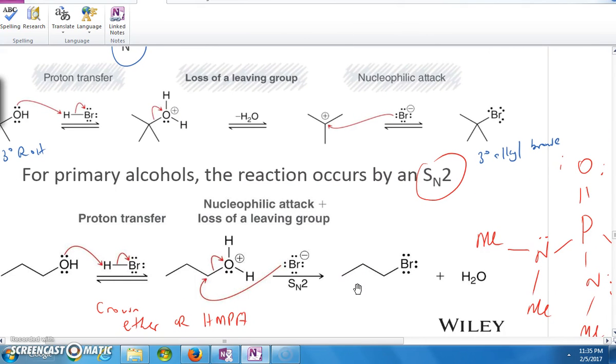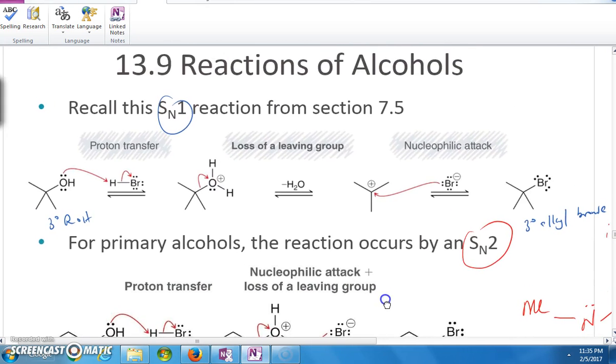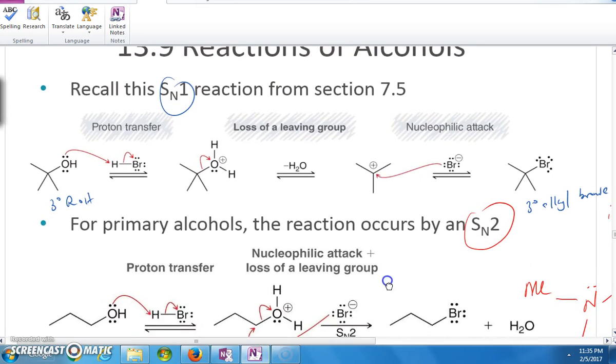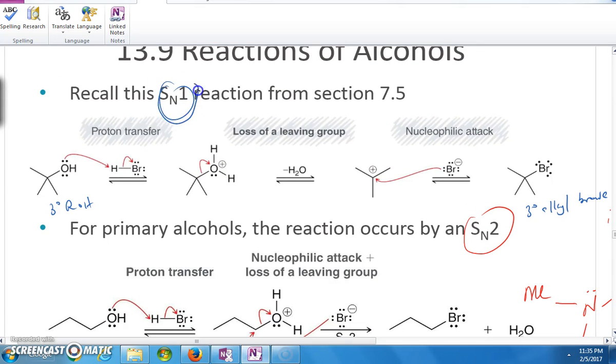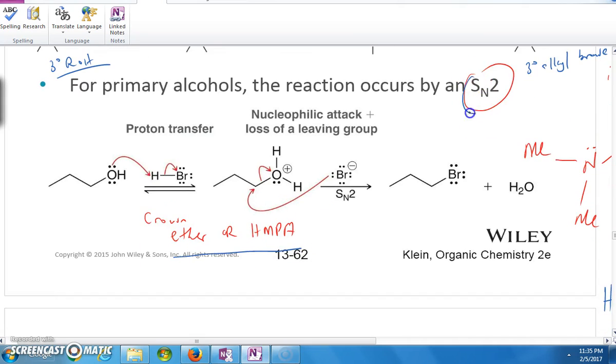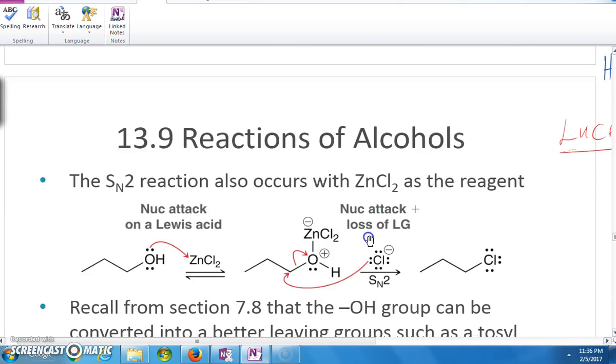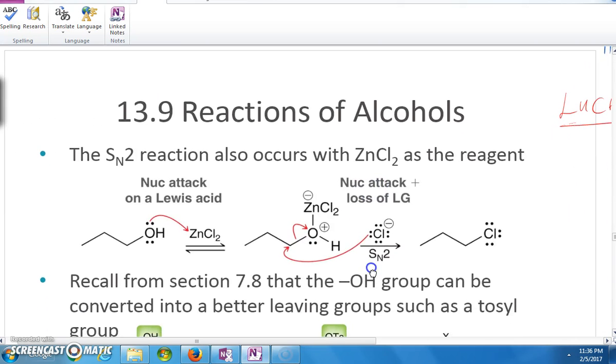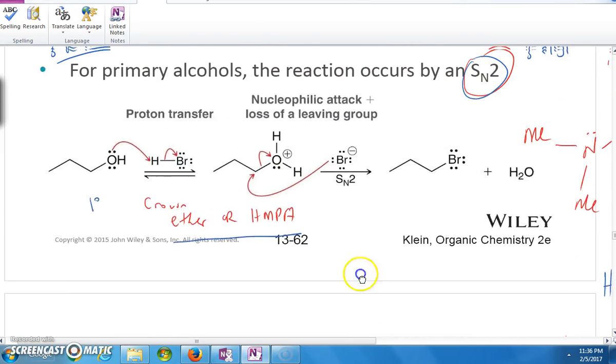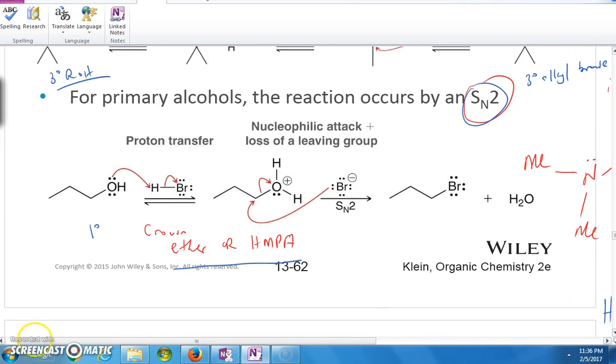When we're considering the reactions of alcohols, they will undergo SN1 with tertiary alcohols, while they will undergo SN2 with primary and secondary. Okay. Now, let us stop here and we'll continue from here shortly.